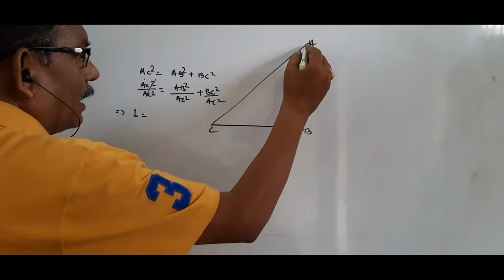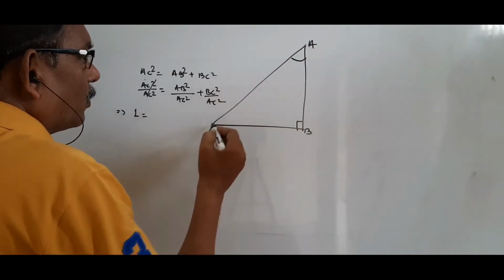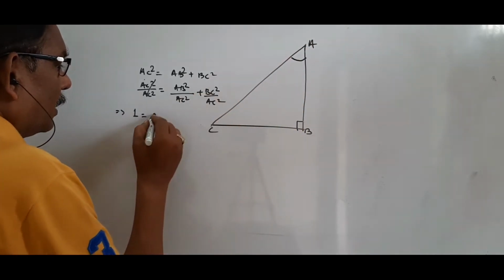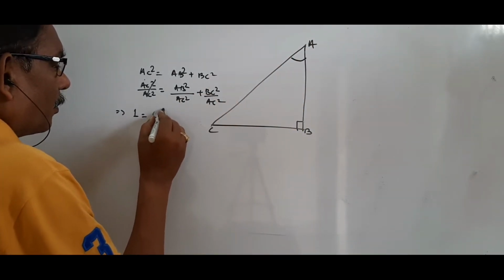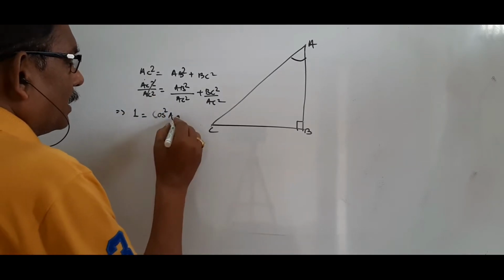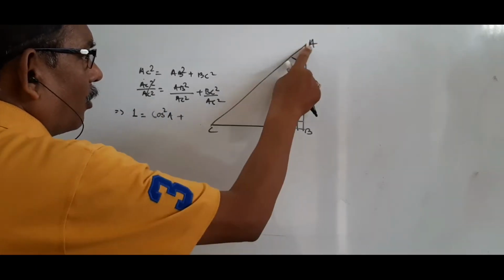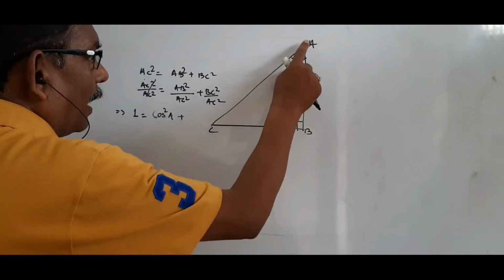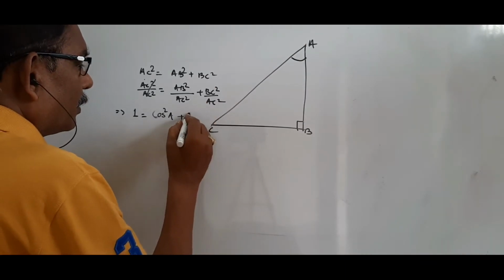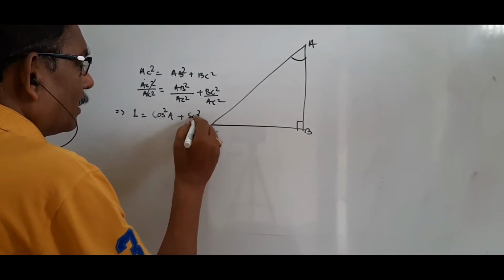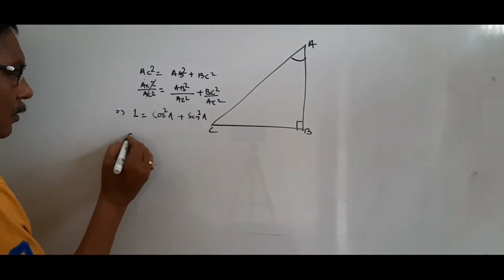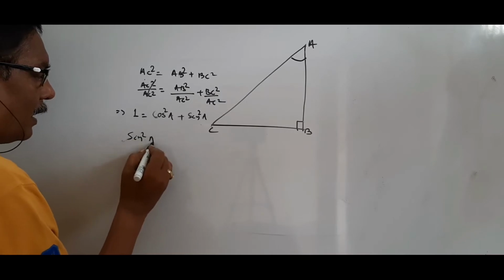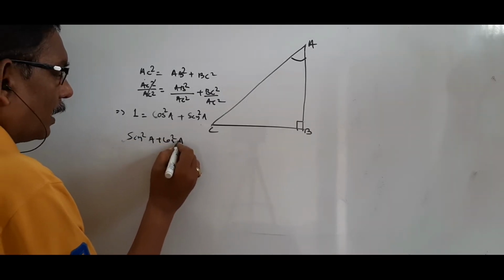So AB by AC means base by hypotenuse, which gives cos, so cos square A. Similarly, the front of A is the perpendicular, so BC square by AC square gives sine square A. So sine square A plus cos square A is equal to 1.